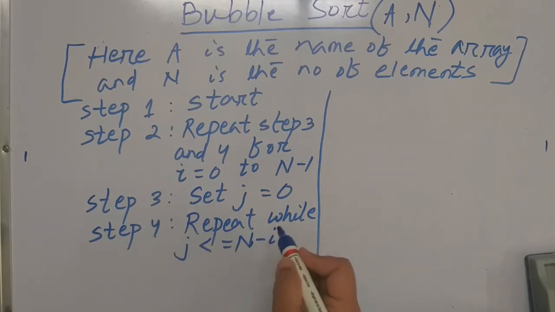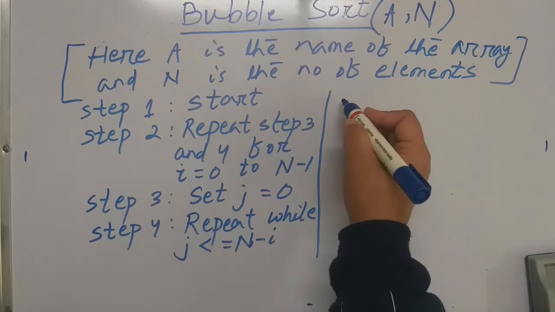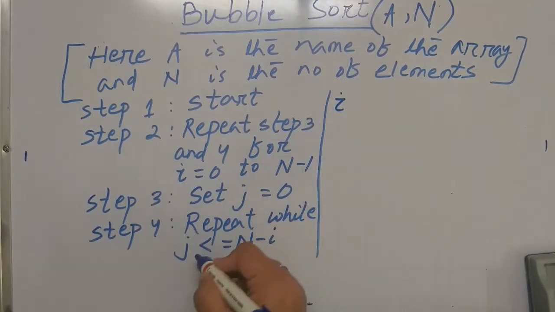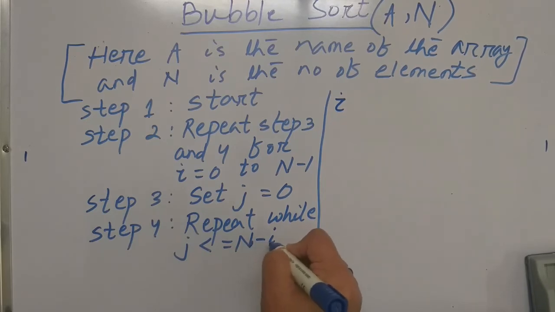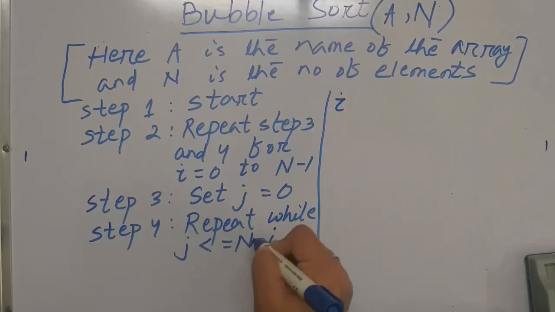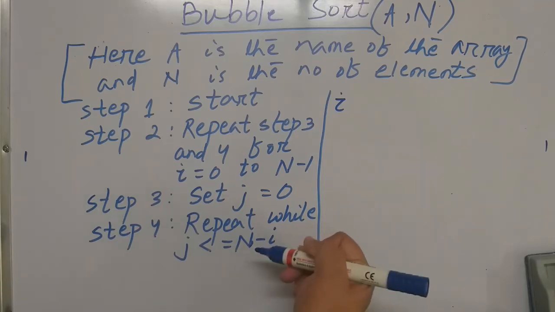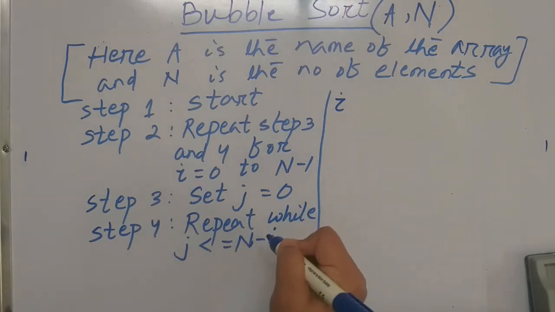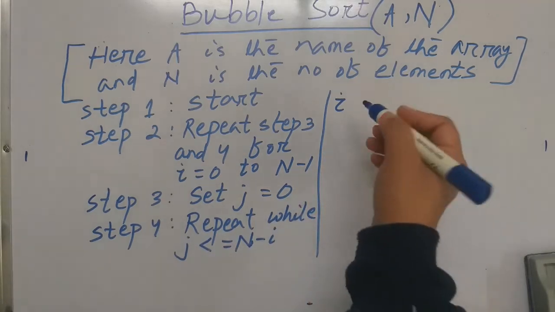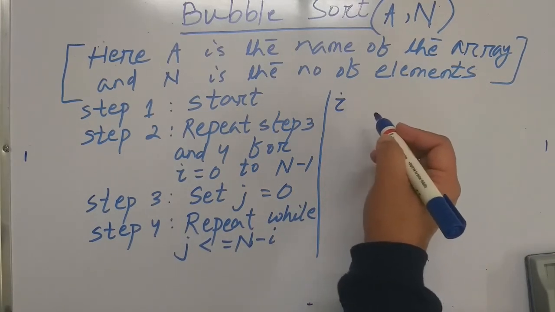So we repeat the statements. How many times? We repeat with j less than or equal to n minus I. So first we compare with the n number of elements, then n minus 1 number of elements, then n minus 2 number of elements, and finally we end our algorithm.